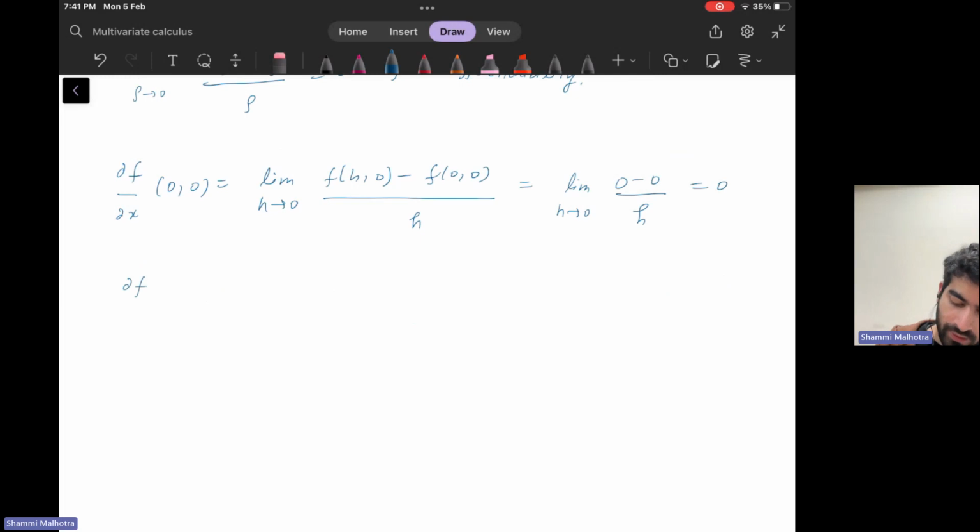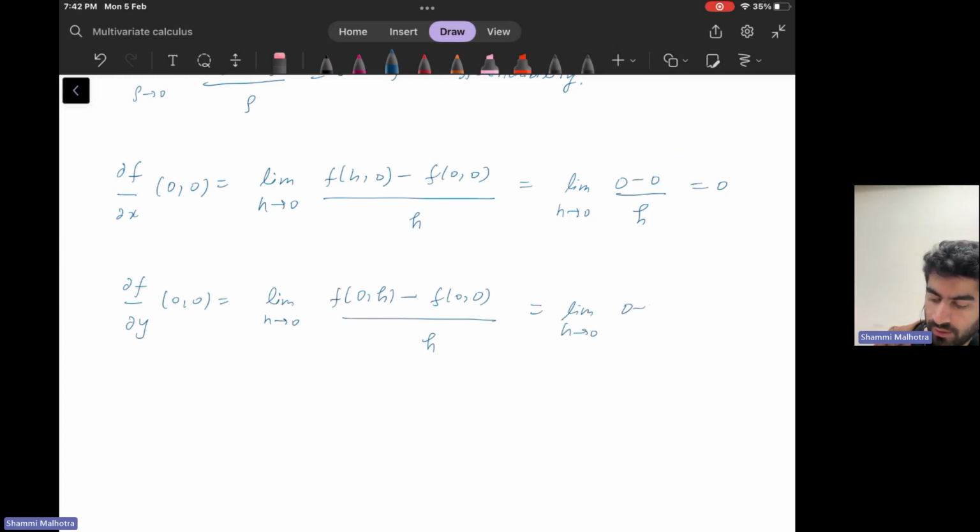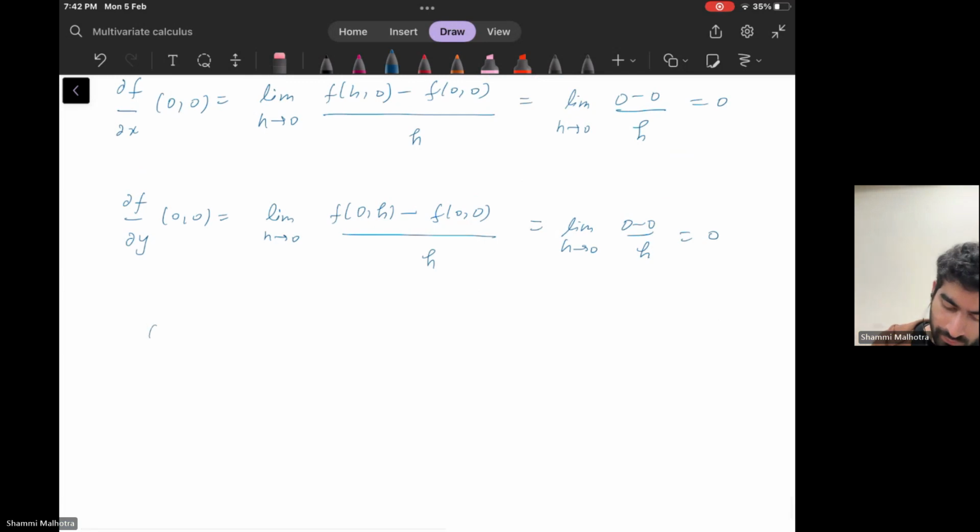Similarly, del f by del y at (0, 0) is limit h tending to 0 of f(0, h) minus f(0, 0), whole divided by h. Again the product is 0, so this would be 0 only again. So my df, which is fx at (0, 0) times h plus fy at (0, 0) times k, is 0 only.